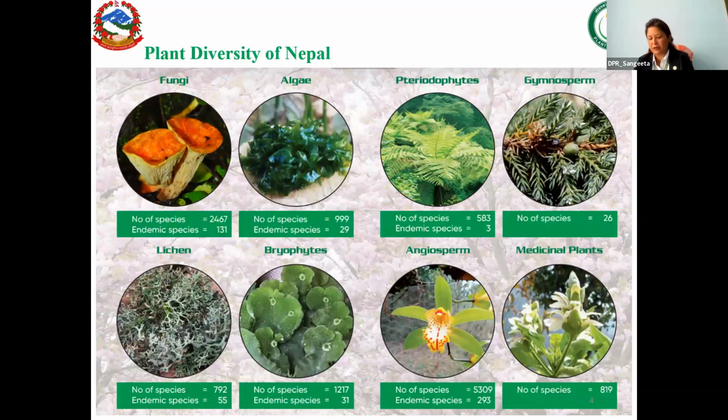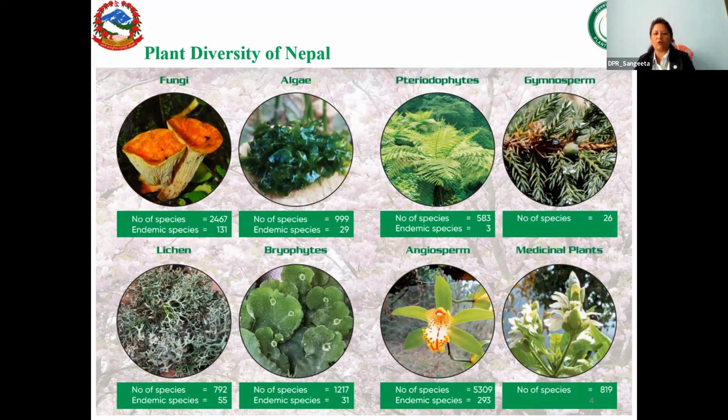We can say that we have more than 11,000 species residing in Nepal. This means the species present in different groups of plants, all the lower plants and higher plants.